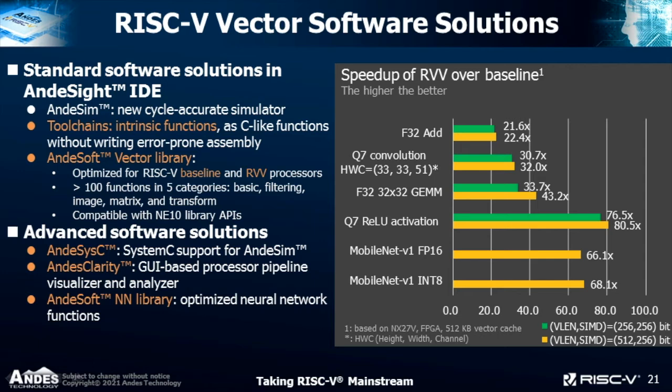And the convolution of Q7 is about 32 times speedup. General matrix multiplication of F32 data type is about 43 times speedup. ReLU activation of Q7 is about 80 times speedup, and MobileNet v1 is about 66 to 68 times speedup. It is very impressive.